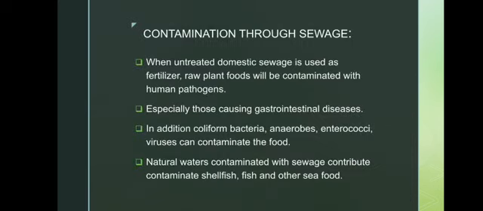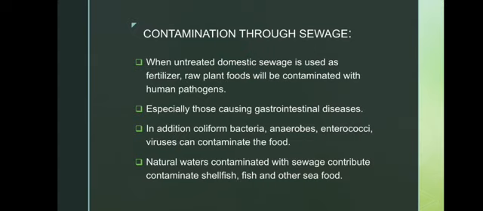So next one, contamination through sewage. Sewage is just wastewater. When untreated domestic sewage is used as fertilizer, that is sewage sludge, raw plant foods get contaminated with human pathogens. So the main route of contamination through sewage is the direct use of wastewater for irrigation and waste sludge as a manure.